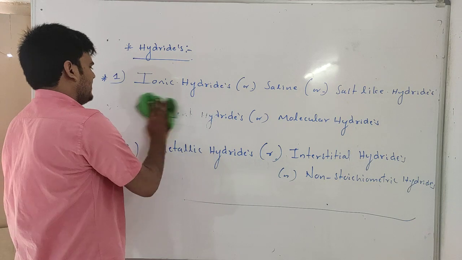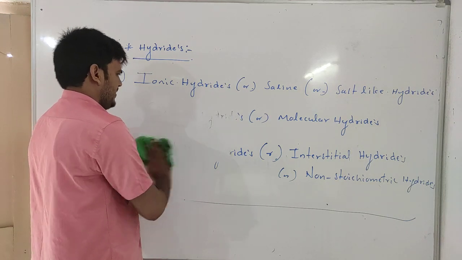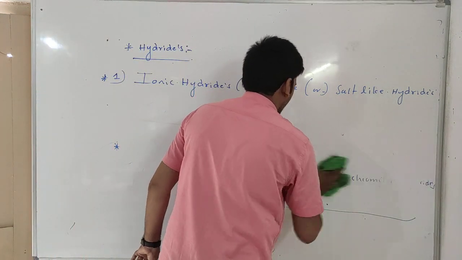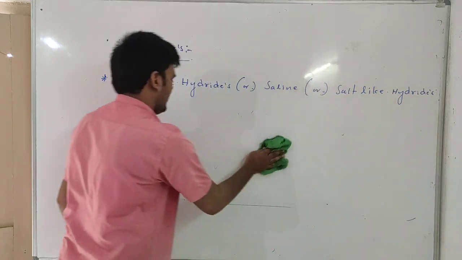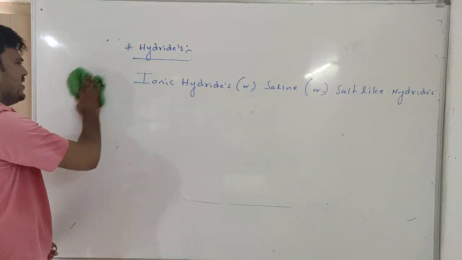So first one, the subheading, is ionic hydrides or saline hydrides or salt-like hydrides.